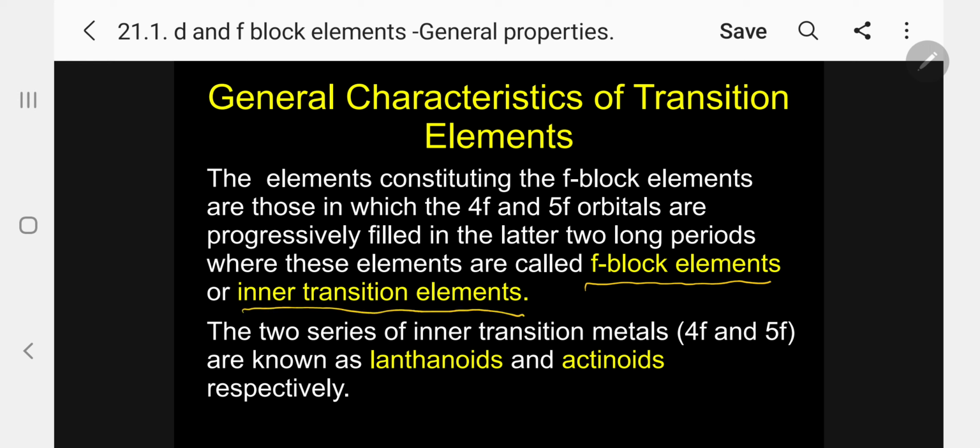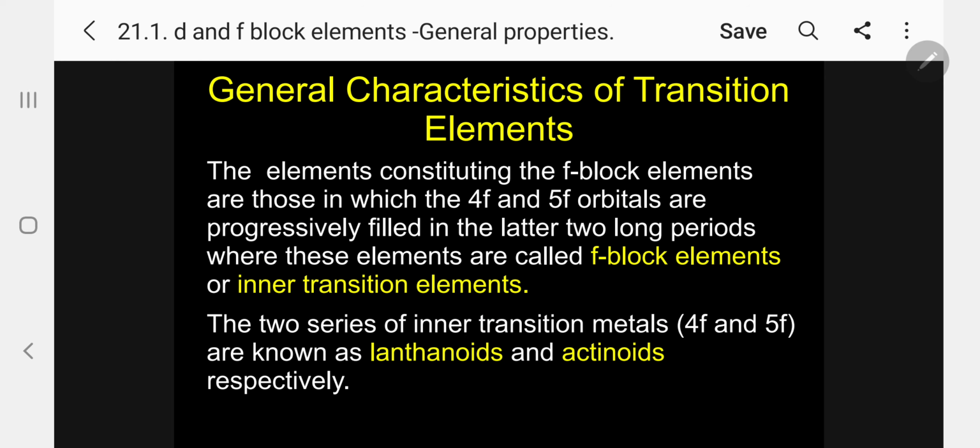Kindly follow. d block elements are called transition elements. f block elements are called inner transition elements. The 2 series of inner transition elements are metals. 4f and 5f are known as lanthanoids and actinoids.